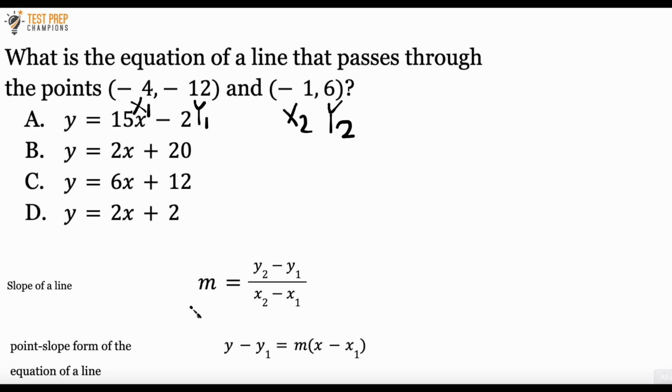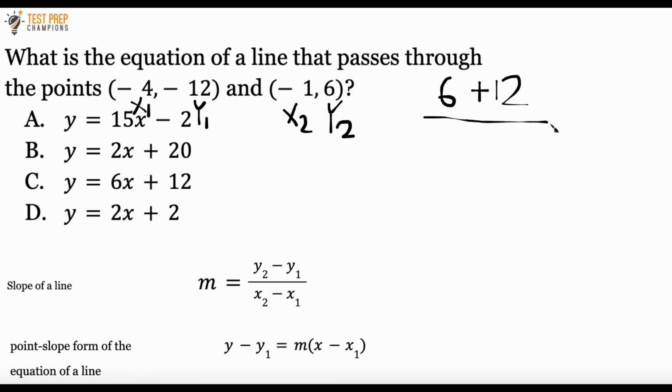So now I'm going to use the formula for slope here. It's y2 minus y1 over x2 minus x1. Now I know that my y2 is 6, and my y1 is -12. So since the formula says minus y1, minus -12 is the same as plus 12, right? Because minus a negative is the same as plus.